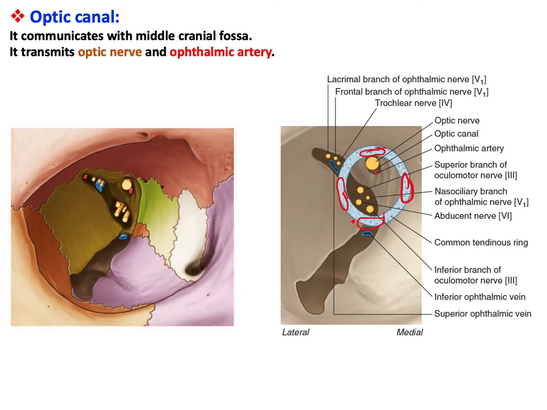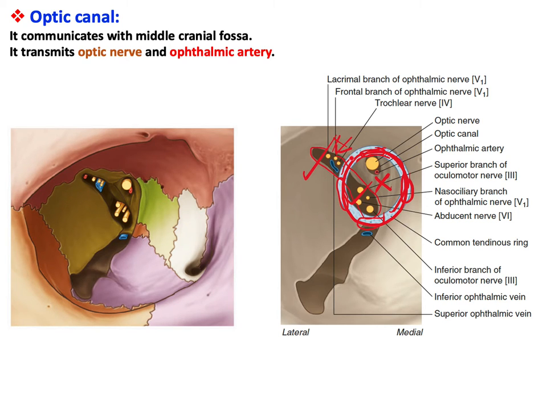But look at its position. It encircles the optic canal, passing above the optic canal and laterally, and it also divides the superior orbital fissure into two parts, an upper part and a lower part. As you see here, this is the common tendinous ring. There are structures inside this ring, and there are structures outside the ring.